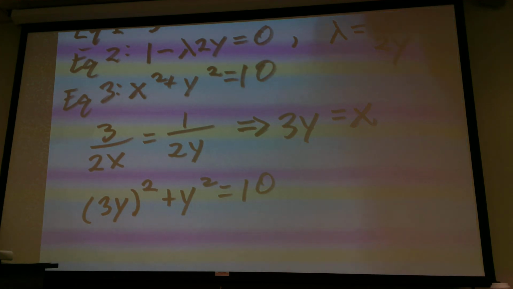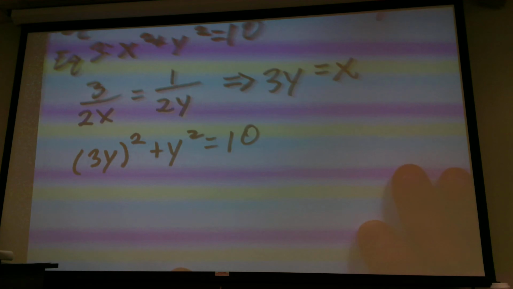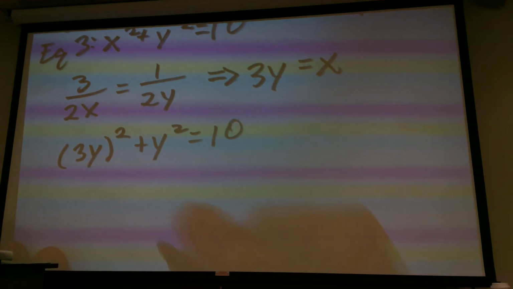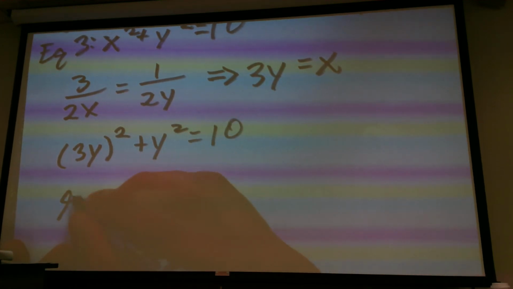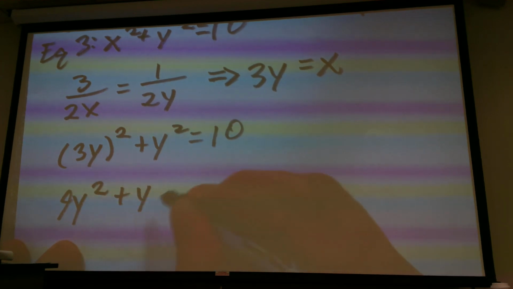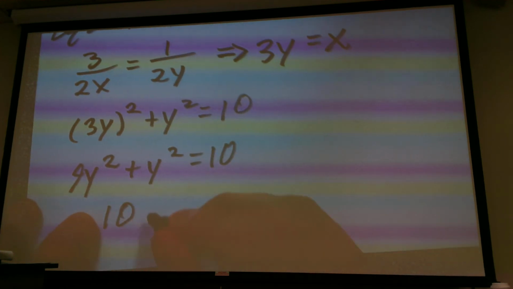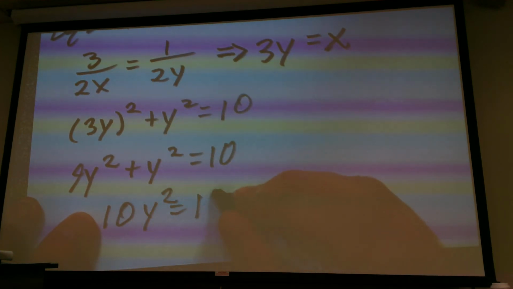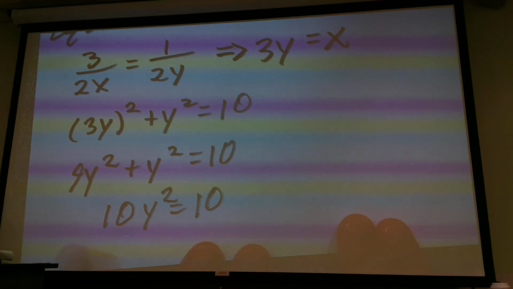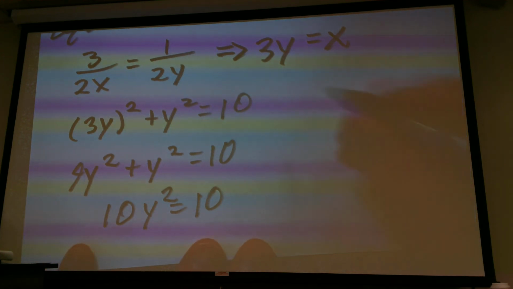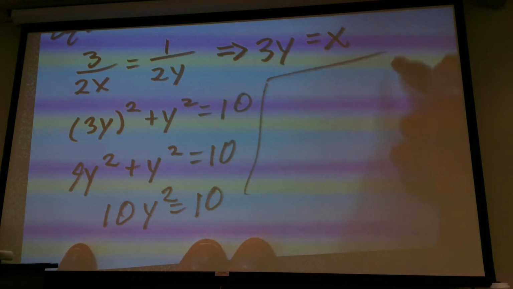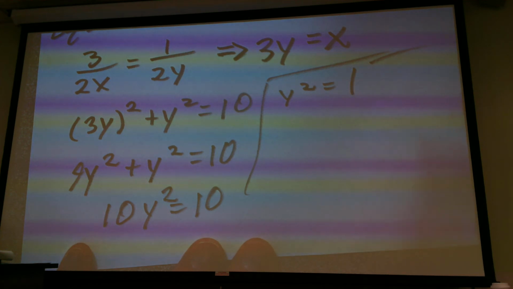Okay. Well, let's clean that up a little bit. So this means that 9y squared plus y squared equals 10, or that 10y squared equals 10. Okay. Well, if I divide by 10, I get that y squared is going to equal 1. Okay? So y is going to equal plus or minus 1.